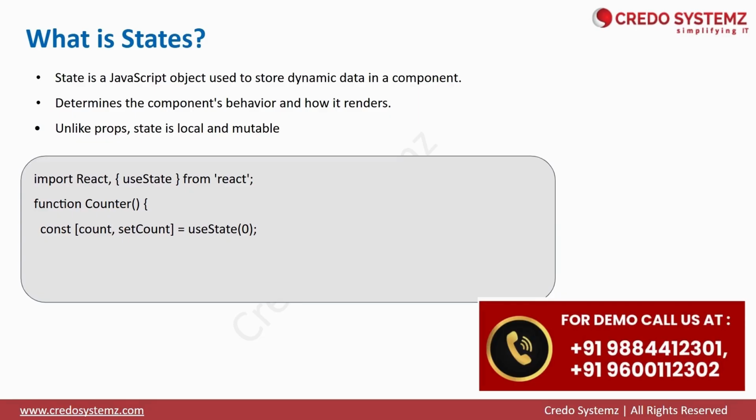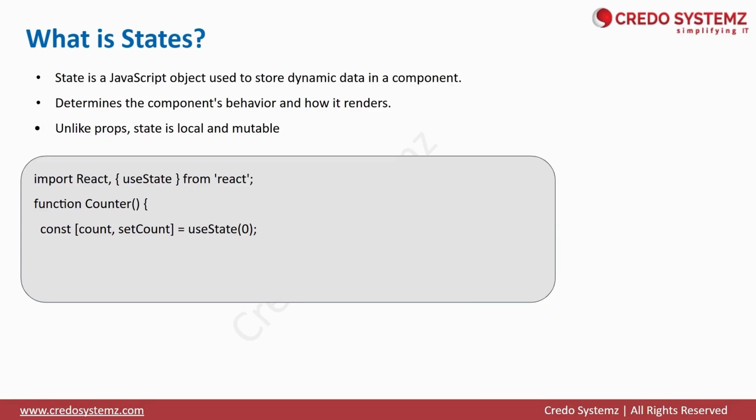So I have a useState. This is nothing but the state that I'm creating. And this 0 is nothing but the default value for the state that I created. The useState hook method returns an array that I am destructuring by having this count and then setCount. Count is a variable that holds the value. setCount is a variable that holds the function.